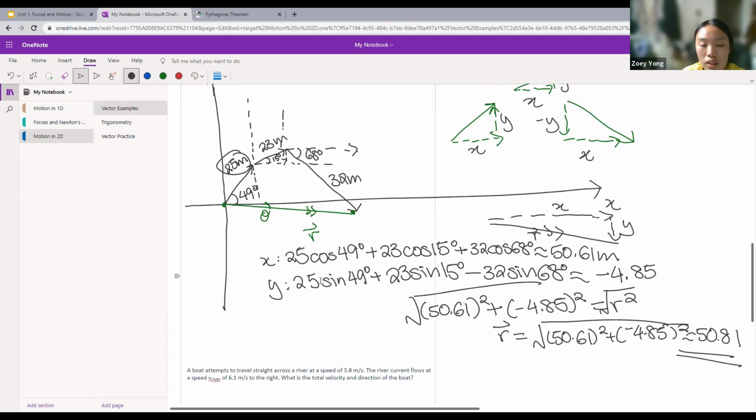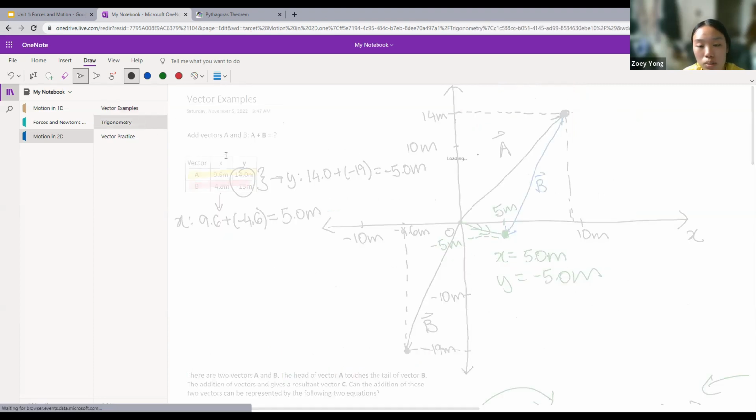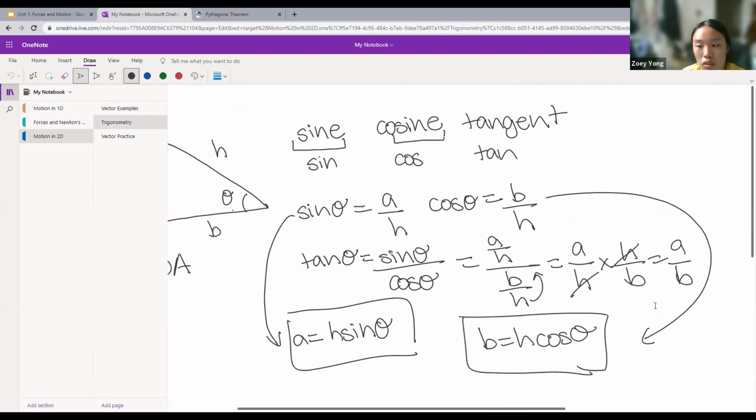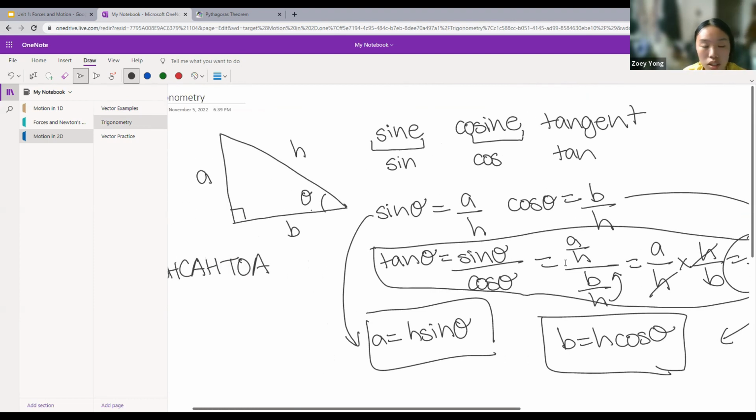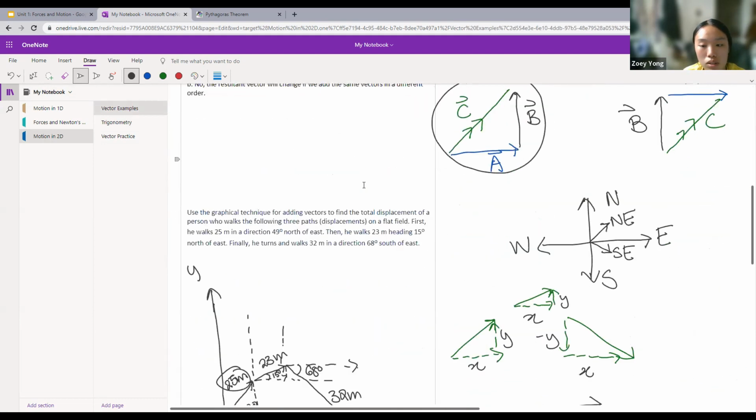So how do you find theta? So earlier, it all goes back to this. We learned tan theta equal to a over b, which in this case is the y side divided by the x side. So how do we do this?